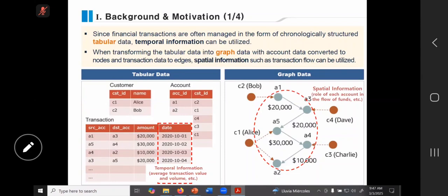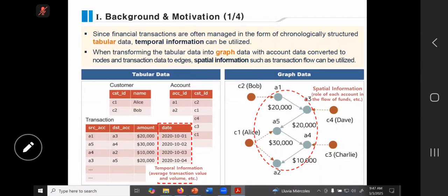Here's the background and motivation. Financial transactions are often managed as chronologically structured tabular data, so the temporal information can be utilized. When transforming the tabular data into graph data, account data is converted to nodes.